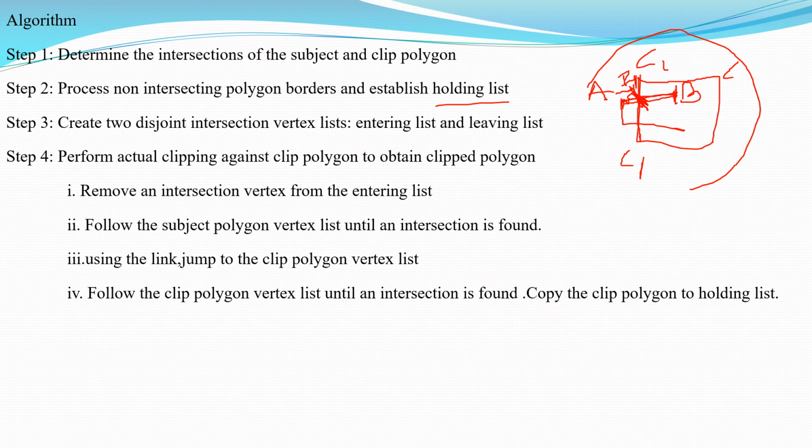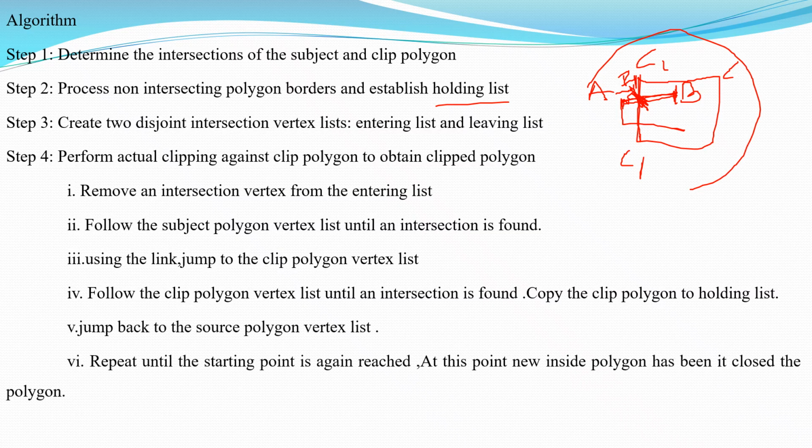Next, using the link, jump to the clip polygon vertex list, then follow the clip polygon vertices until an intersection is found, copying the vertices to the holding list. I know we are not getting it now, but with the figure we can easily understand what is happening here.